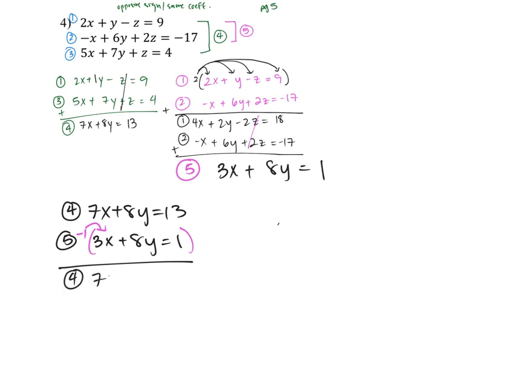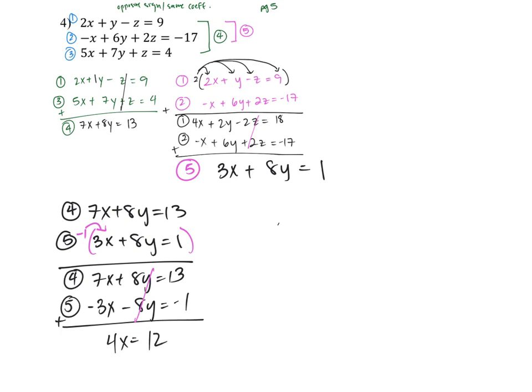The top equation didn't get affected, so equation 4 will just come down the way it is. In equation 5, everything gets multiplied by a negative number, so everything switches its sign. If I combine these like terms, the y's cancel out. 7x minus 3x gives me 4x, and 13 minus 1 is 12.